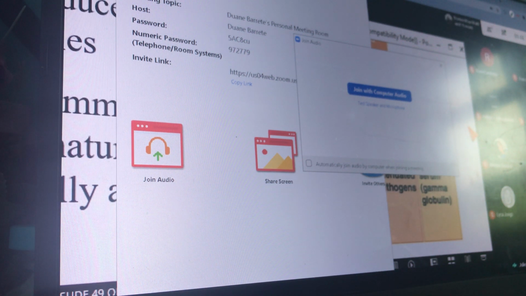Okay? When you say passive, artificially acquired, ang in-inject sa iyo is antibodies or immunoglobulin. Okay? So, ganun din sila.